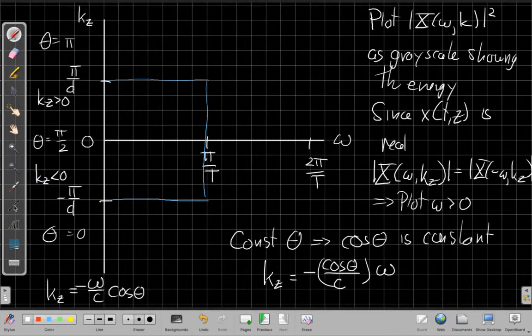And so an important issue is where does this fall on the graph? And similarly, at the other extreme, at 180, I have this other line.